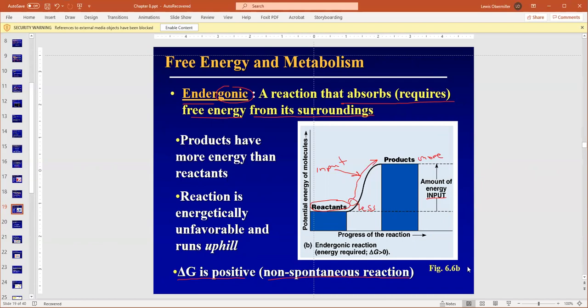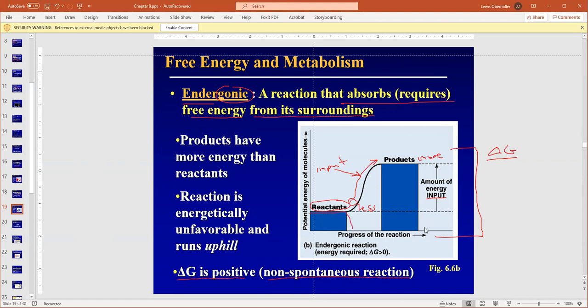Any questions about this? All right, so on the test, I might draw something like this and ask you, is the delta G positive or negative? All you have to do to answer that question is see which one has more energy. This bar graph is lower than this.